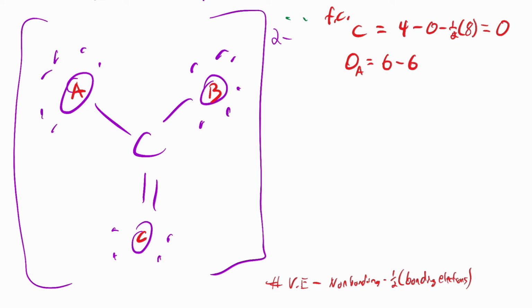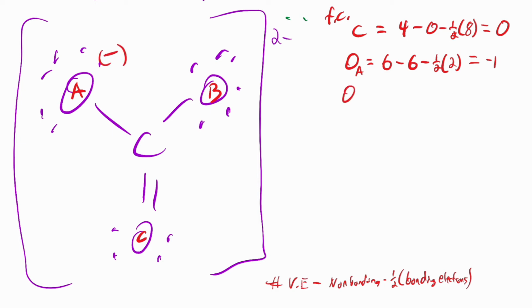So that's 6 minus 6. Then we subtract 1/2 of the number of bonding electrons, and in this case we have 2 in this one bond here. So 6 minus 6 is 0, minus 1/2 of 2 is equal to -1. So the formal charge on this oxygen is a -1 charge, so I'll put a little negative out there. It looks more like an equal sign, but I also don't have my glasses on.